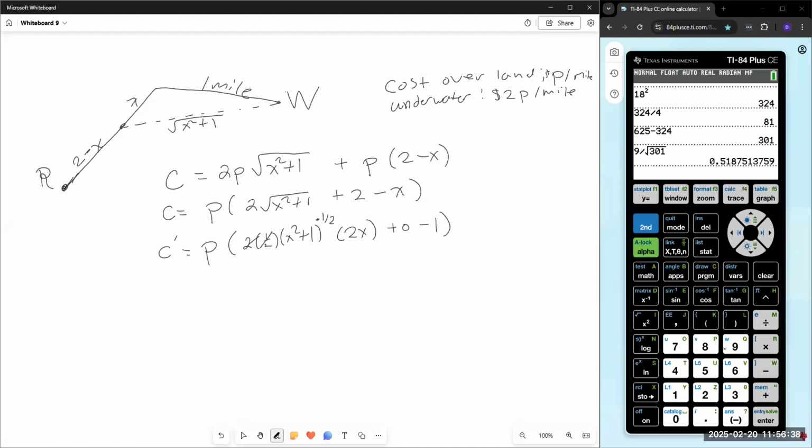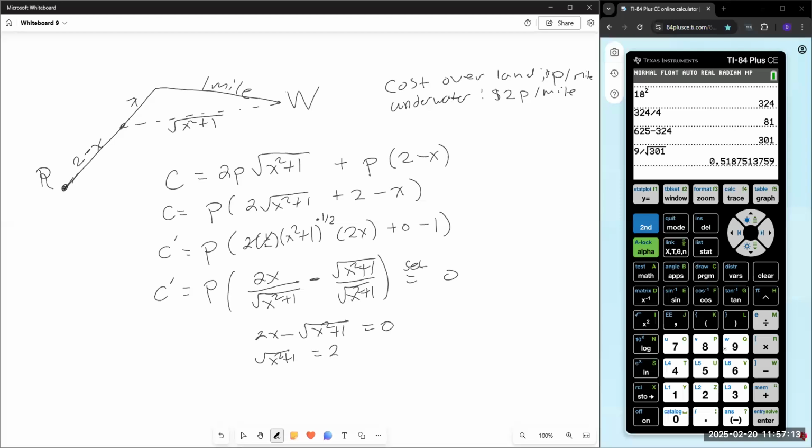So C prime is P times 2X over square root of X squared plus 1 minus, and that's going to be square root of X squared plus 1 over square root of X squared plus 1. So that means that I set this equal to 0: 2x minus the square root of x squared plus 1 is equal to 0, or the square root of x squared plus 1 is equal to 2x.